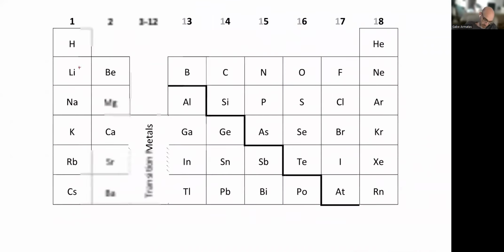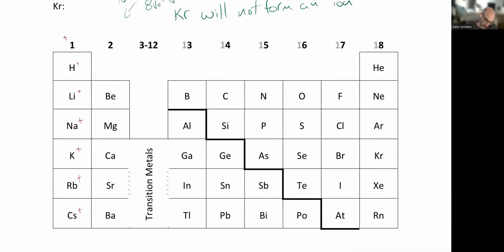Everything in group 1 becomes a +1 ion, because it wants to lose 1. Group 2, easier to lose 2 or to gain 6? It's easier to lose 2. So everything in group 2 becomes 2+. Everything in group 2 forms an ion of +2.